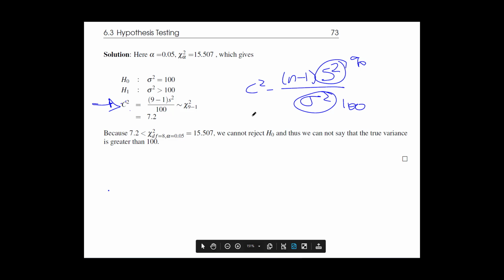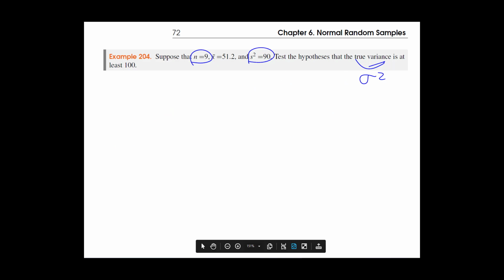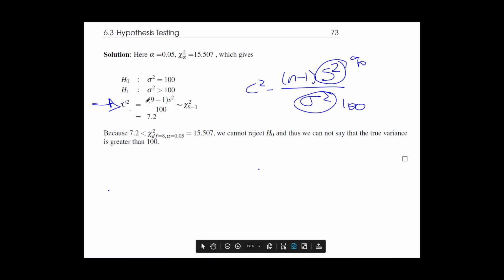Now, why is it 100? Because they say it's at least 100. We could call it sigma squared naught, like we call it mu naught. That's the value you want to test. So call it sigma naught. And that gives you 7.2, and we compare that.